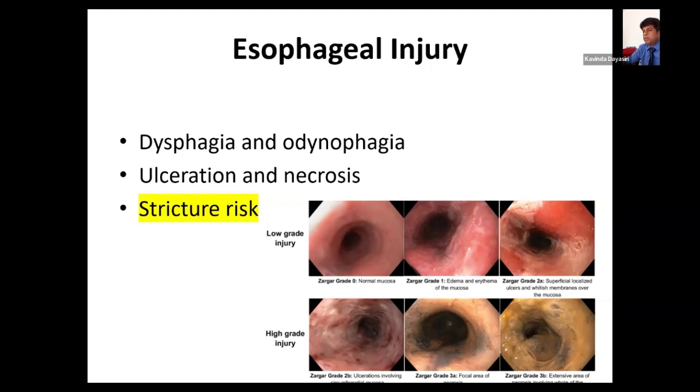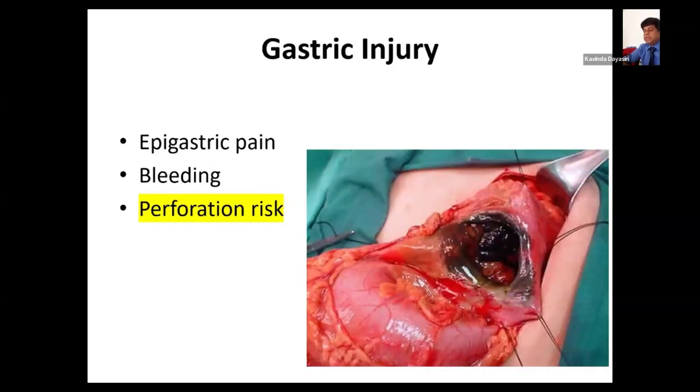And gastric injury can present with gastric pain, bleeding, and a high risk of perforation because the stomach stores these acids or alkali and can result in perforation.